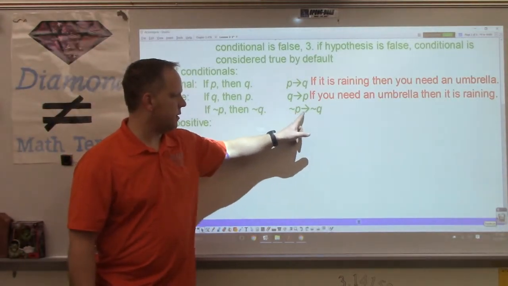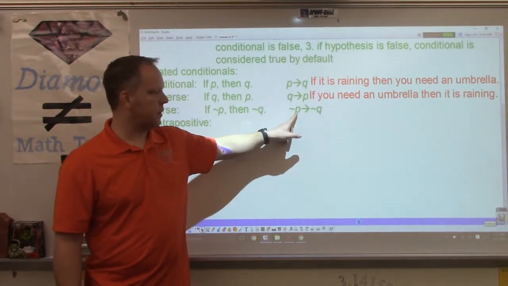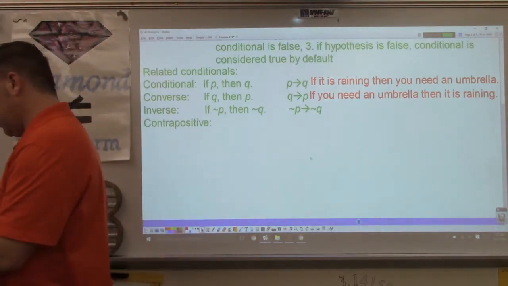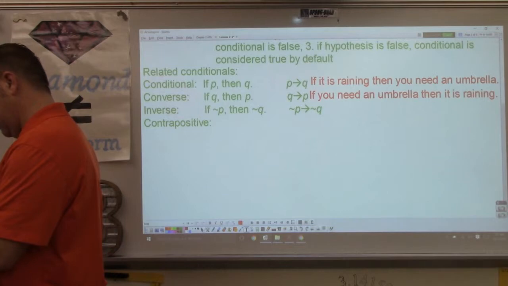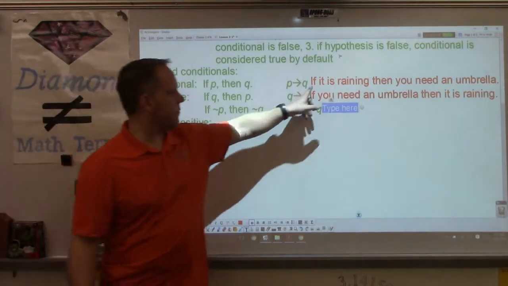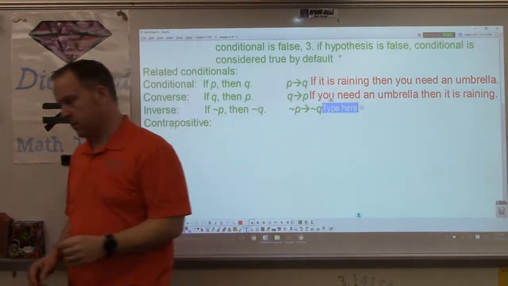Remember, the tilde stands for not. So if I look at my original sentence, the opposite of it is raining is it is not raining.